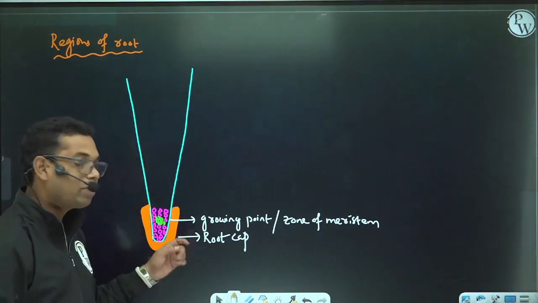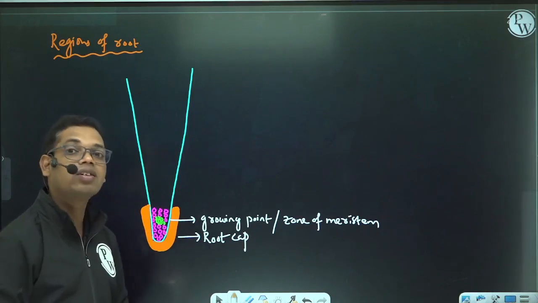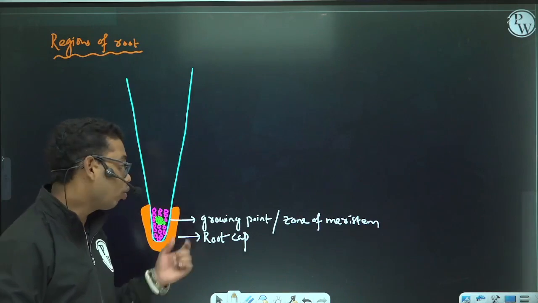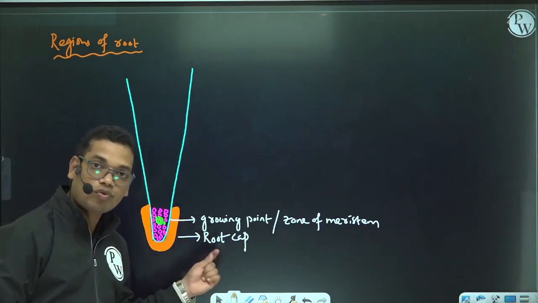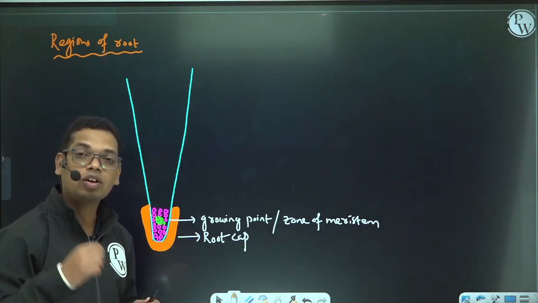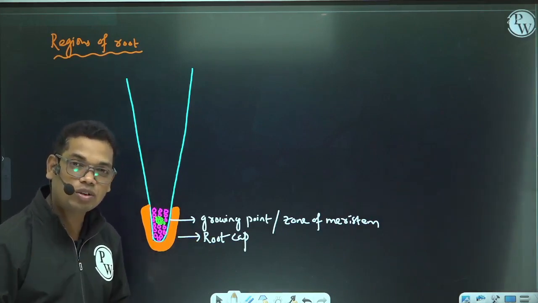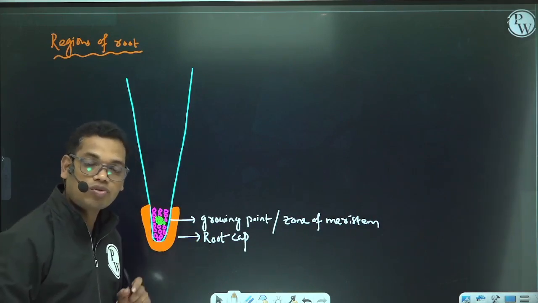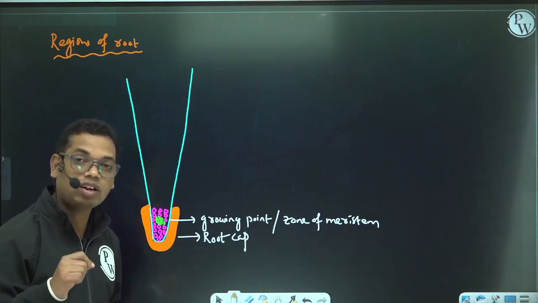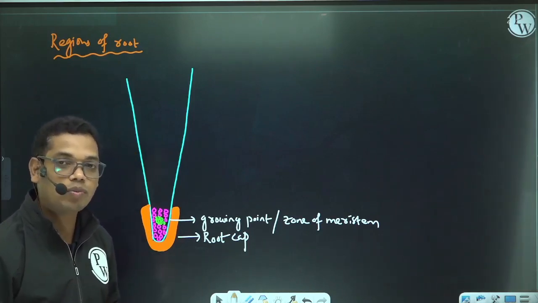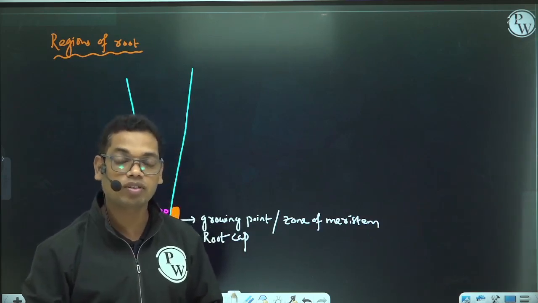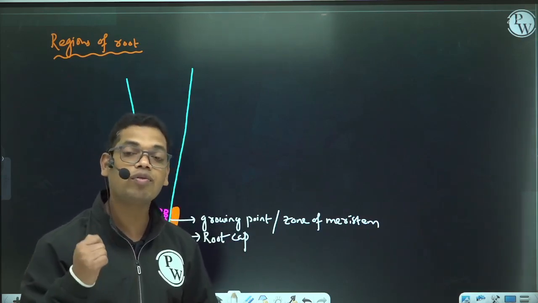This root cap is a thimble shaped structure, and if it gets damaged, a new root cap will be formed. So what is the function of the root cap? To protect the growing point. How does it protect it? By secreting a lubricating substance like mucilage. This is a parenchymatous structure. And in case of hydrophytes, the root caps are absent. Instead, they will have root pockets.